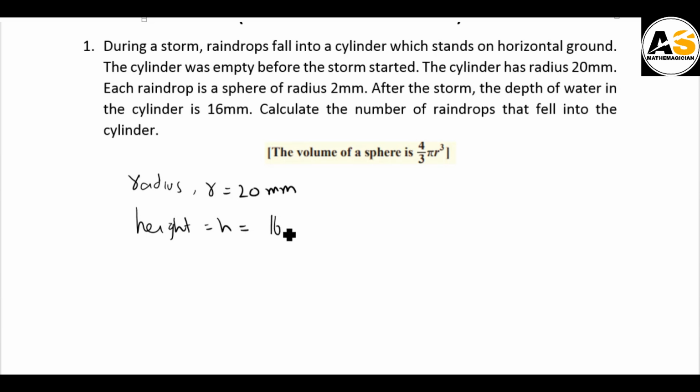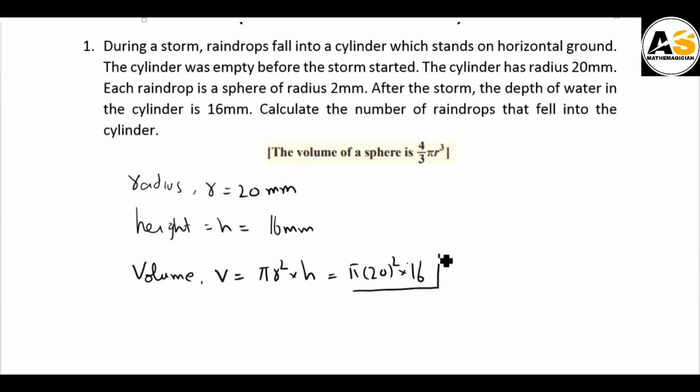So what will be the volume of water? Volume V will be base area of the cylinder multiplied by height, which will be pi into 20 squared into 16. So this is the volume of the water in the cylinder.